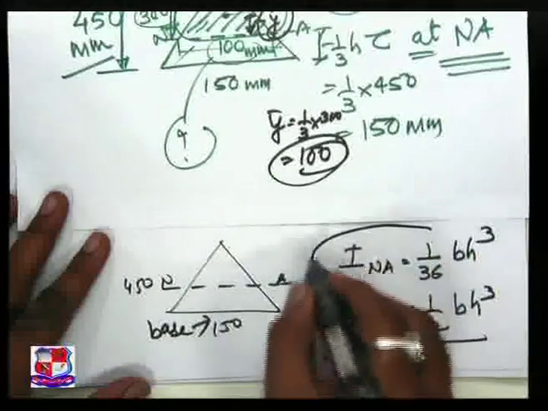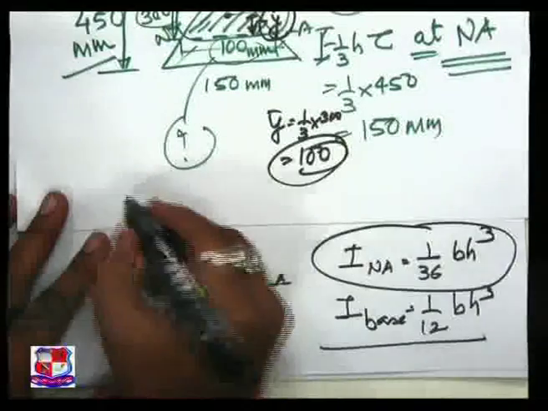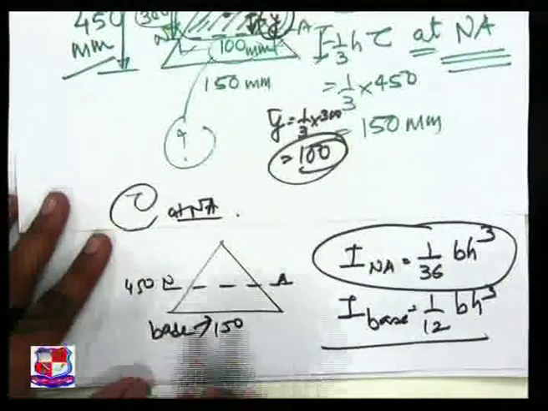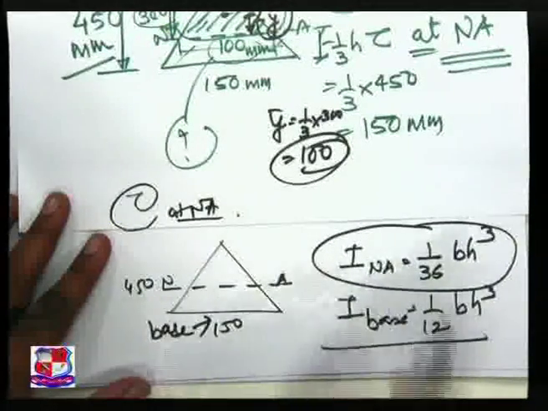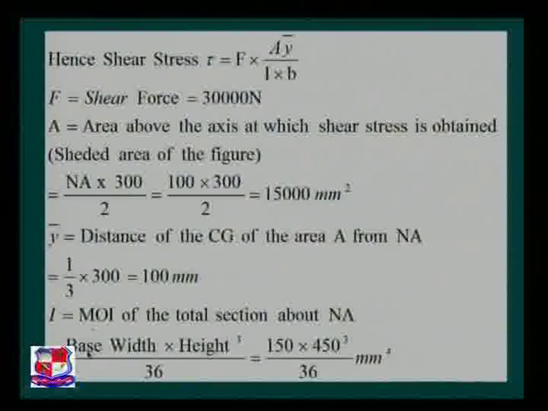But we have to find out about neutral axis, because we have to find out the shear stress tau at neutral axis. So we have to find out the moment of inertia at this level with the formula 1/36 bh cube. So that is the base width into height cube by 36, that is 1/36 into 150 into 450 cube mm raised to 4.